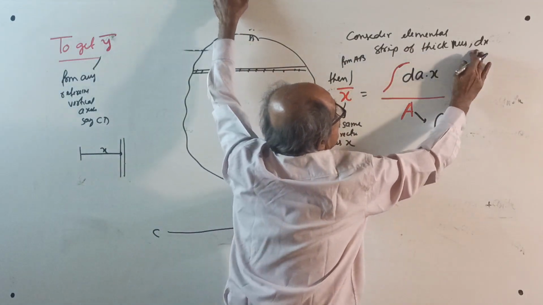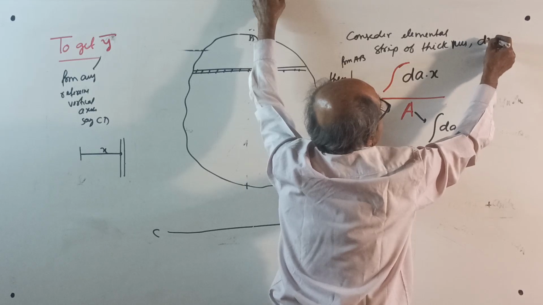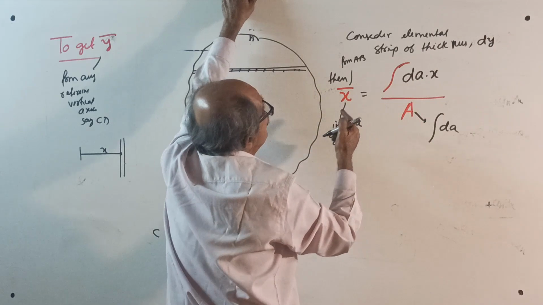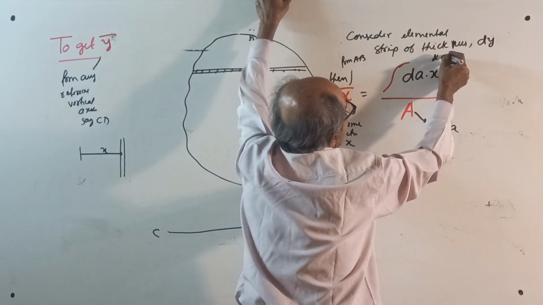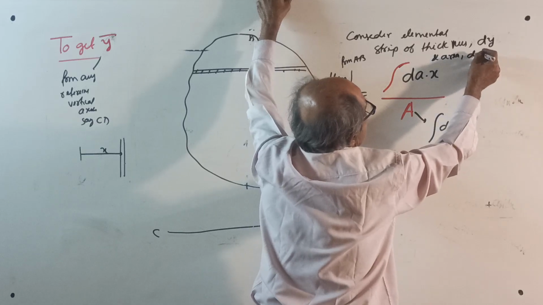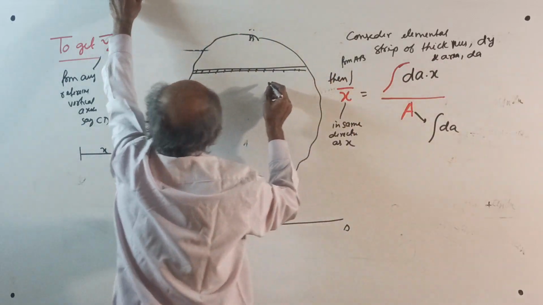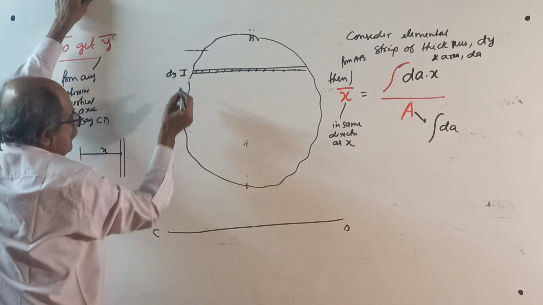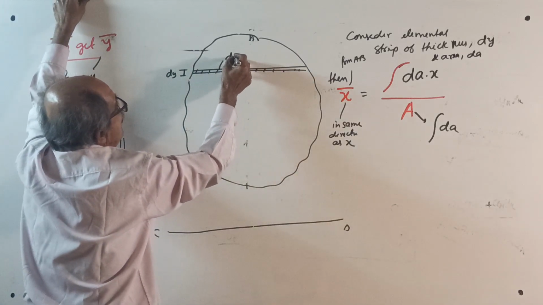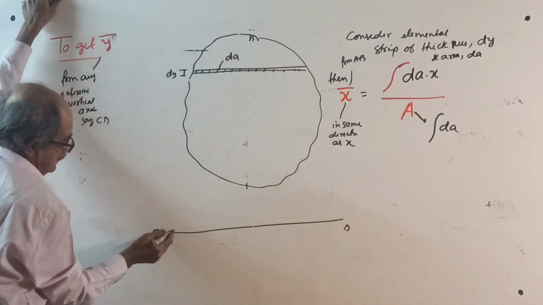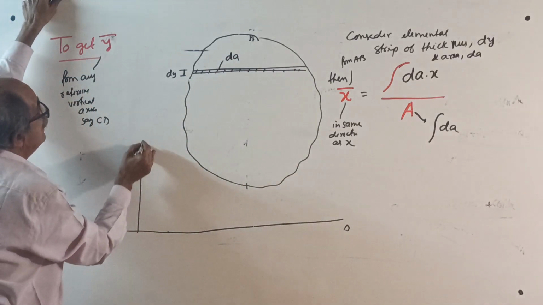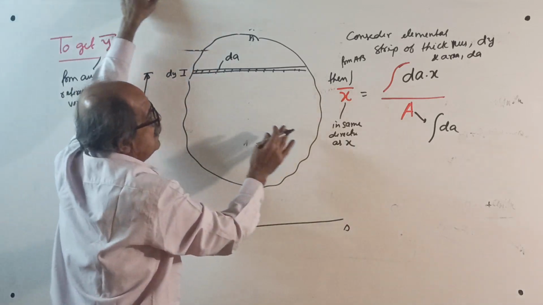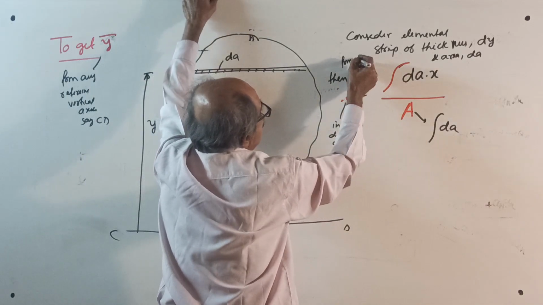Elemental strip of thickness dy and area dA. I forgot to write the area dA last time. This thickness is dy, this area is dA, and the distance from CD is y. You take y this way.